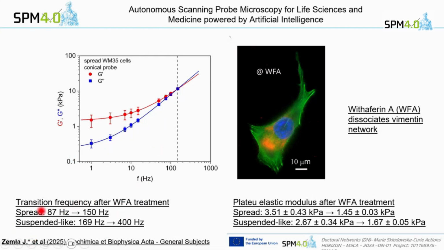For spread cells, it shifted to over 100 Hertz, and for suspended-like cells, it was very high. So these free chains of vimentin could remodel the system inside and react to the strains we were imposing to cells.